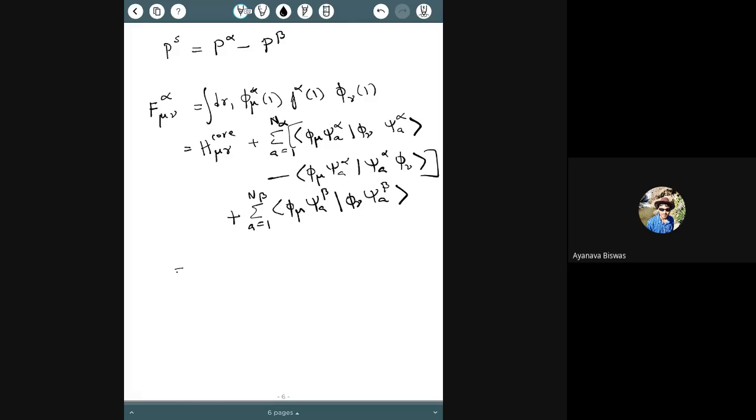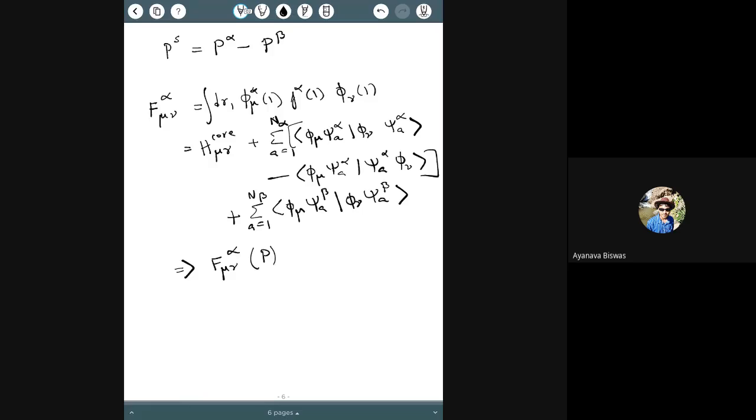And then you will end up with the Fock matrix as a function of the density matrix.